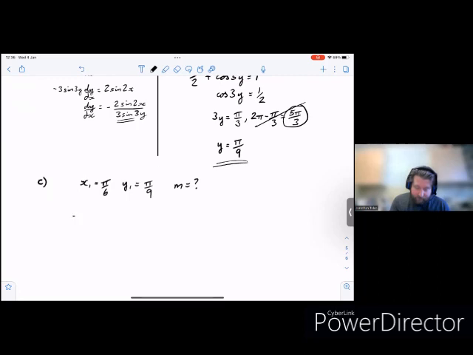So at the point pi over 6, pi over 9, dy by dx equals minus 2 sine of 2x, so that's pi over 3, over 3 sine 3y, which is pi over 3.